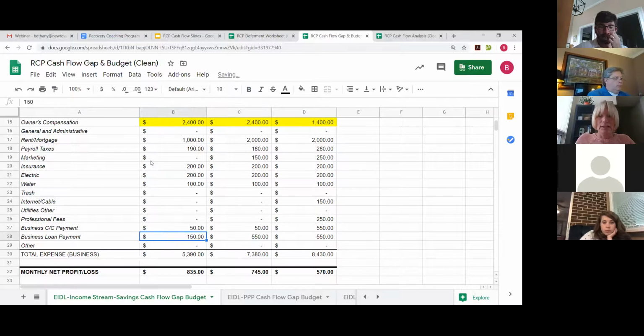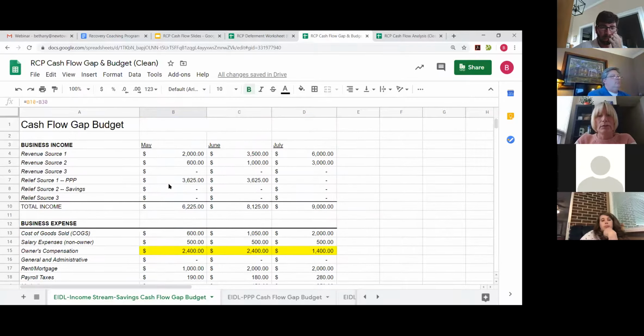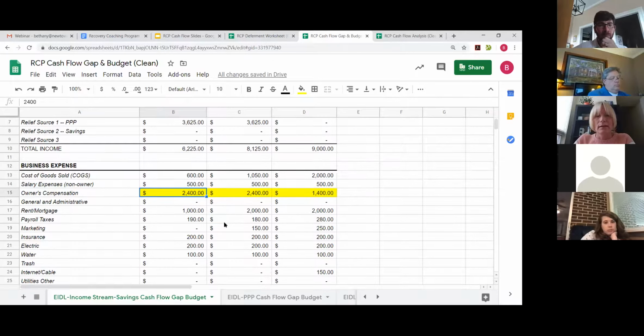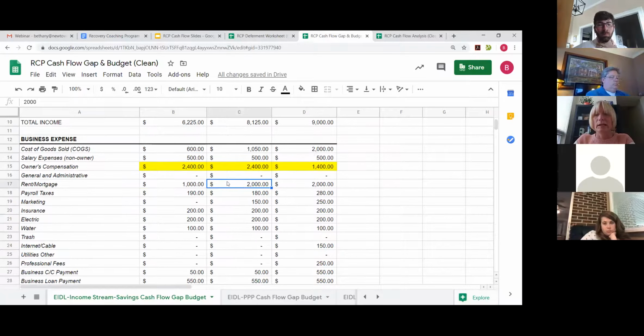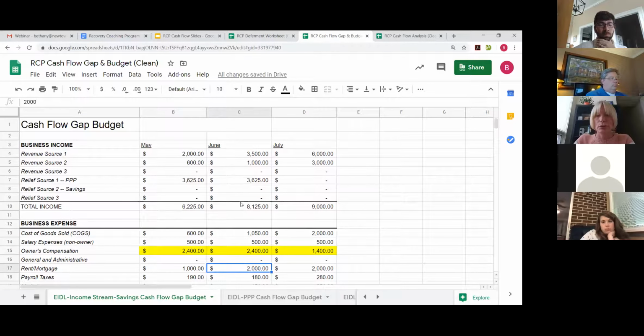If I play with this, and there are a few other things that I tweaked, they made these about break even. But if you use the PPP, it's not a bad option for bringing that kind of money back and actually reducing the amount of debt that they're going to have on the other side, because they were able to use some of their PPP monies to start paying their full rent and mortgage and expenses starting June.